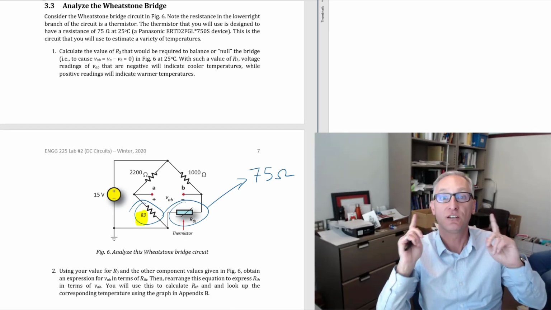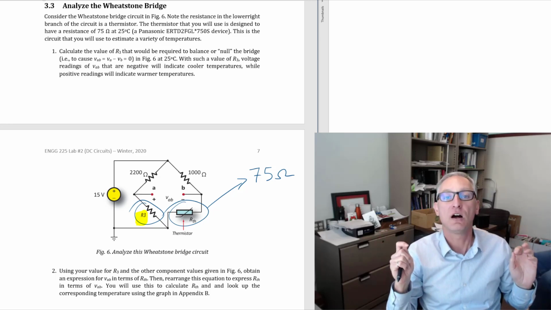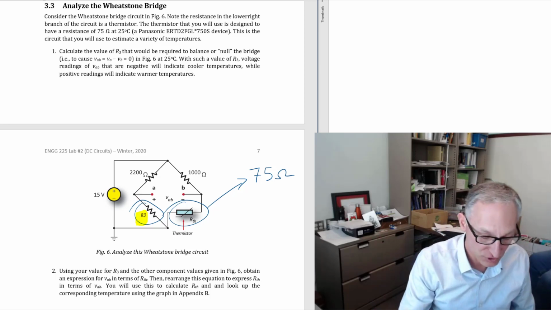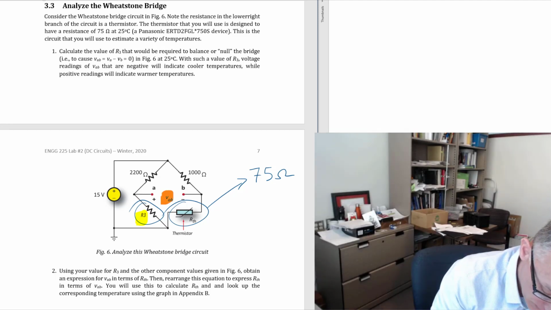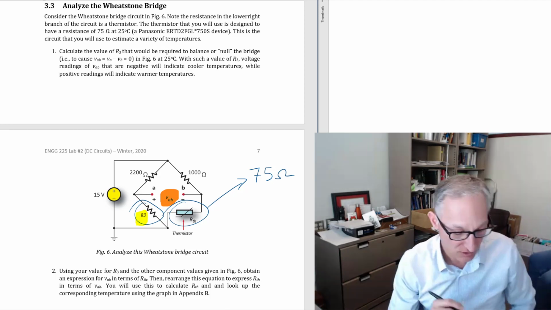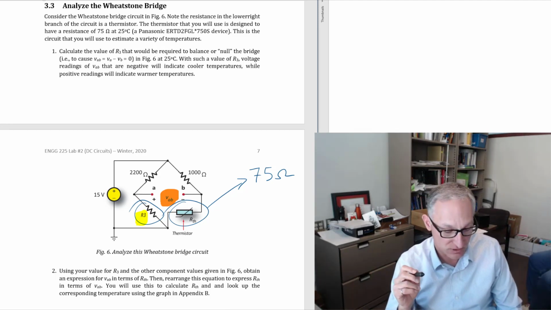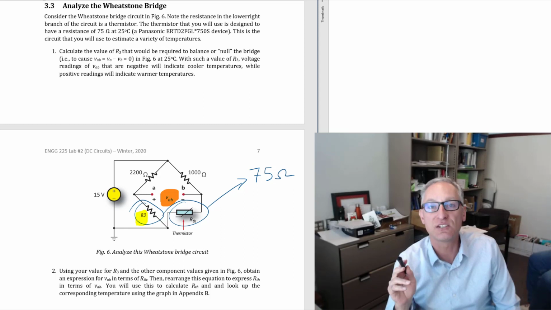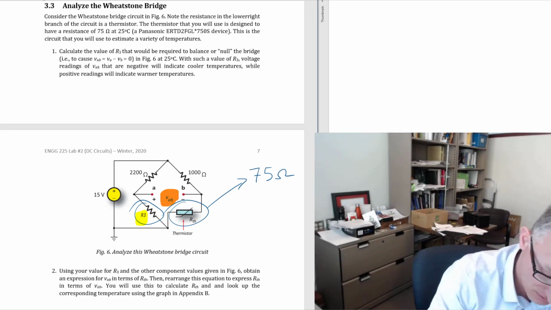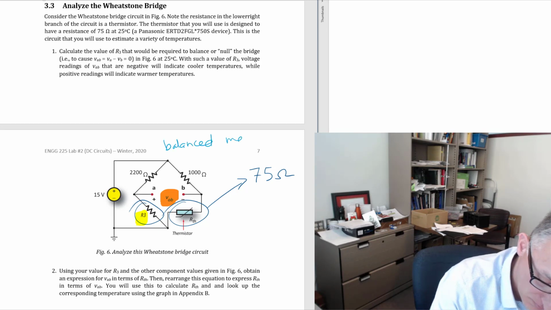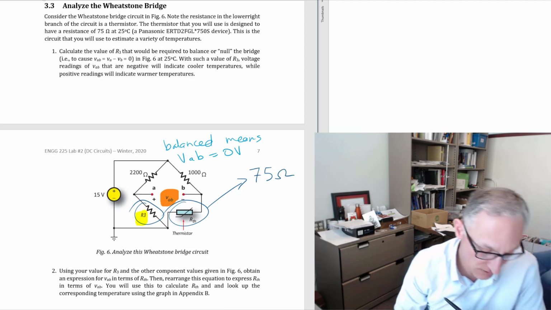is balanced. And if you recall from lecture, a balanced Wheatstone bridge is when VAB, so VAB is here, right? It's the voltage difference between nodes A and B, and that's 0. So balanced means VAB is equal to 0 volts, okay?